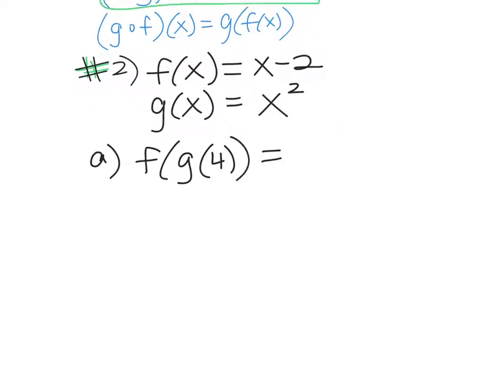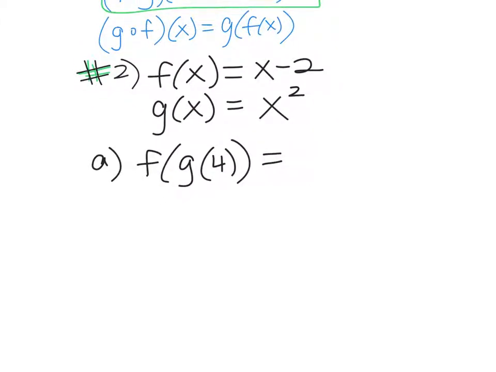Okay, so let me show you. There's one answer to these. Some people think there's 2 answers, but there's not. There's 2 steps to get to your one answer. So this is what you want to do first. You want to evaluate what G of 4 is. So G of 4 is to plug 4 into function G up here.